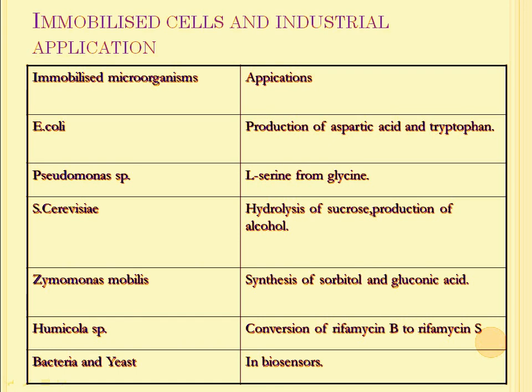S. cerevisiae is used in the hydrolysis of sucrose and production of alcohol. Zymomonas mobilis is used for the synthesis of sorbitol and gluconic acid. Humicola species is used in the conversion of rifamycin B to rifamycin S. And bacteria and yeast are used in different processes in biosensors. So there are certain examples which need to be learned for the examination.